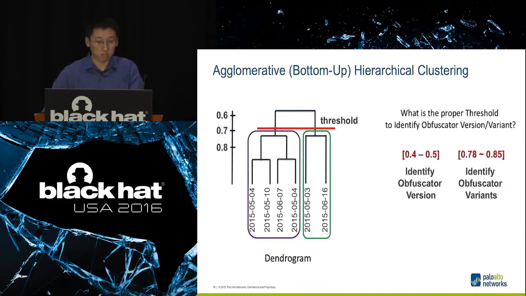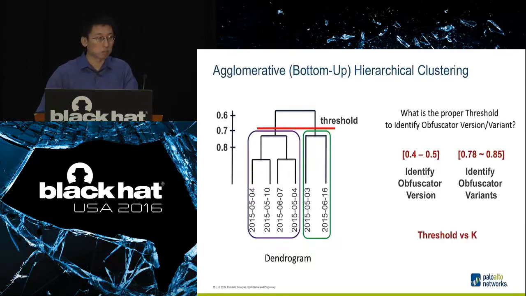Based on our evaluation, to identify the obfuscator version, the threshold should be between 0.4 and 0.5, and to identify the obfuscator variant, the threshold should be between 0.78 and 0.85.